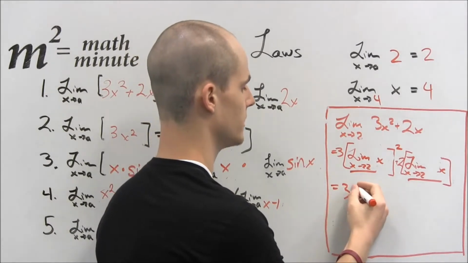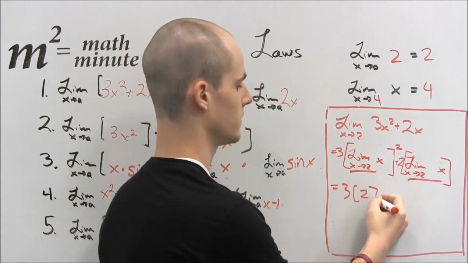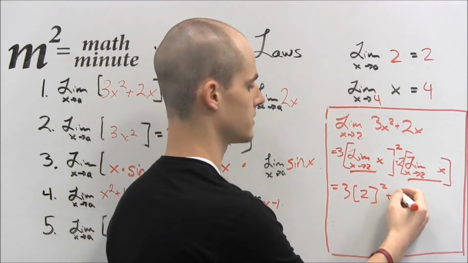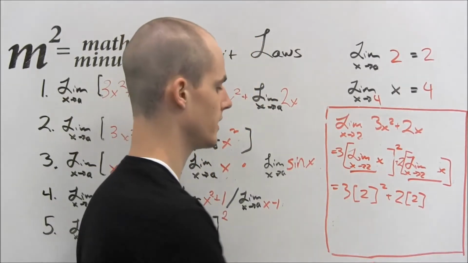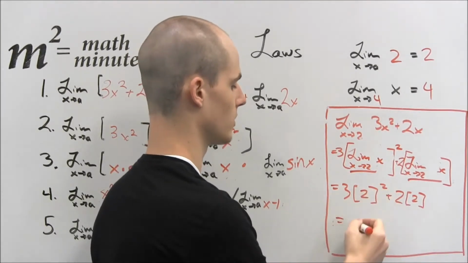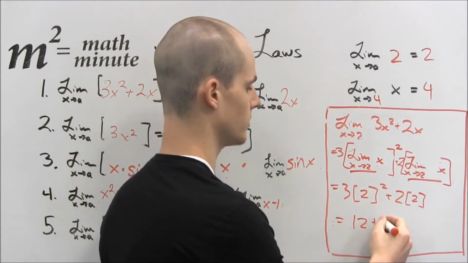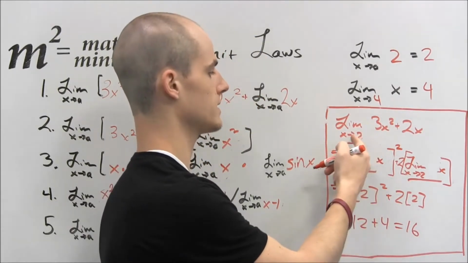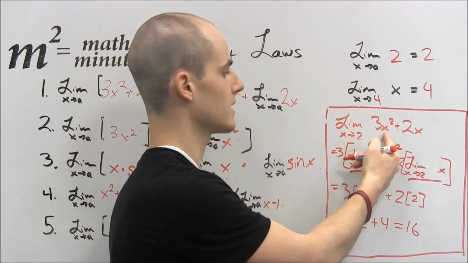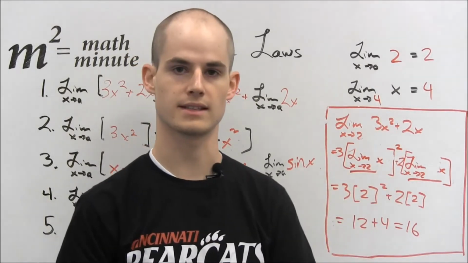So we'll say 3 times 2 squared plus 2 times 2, which is just a new value we're going to find. So 3 times 4, 12, plus 4 equals 16. So your final answer would be the limit as x approaches 2 of 3x squared plus 2x equals 16.